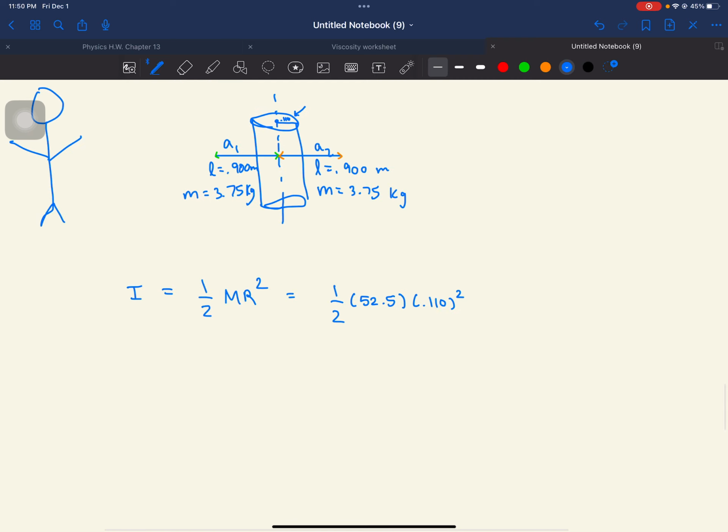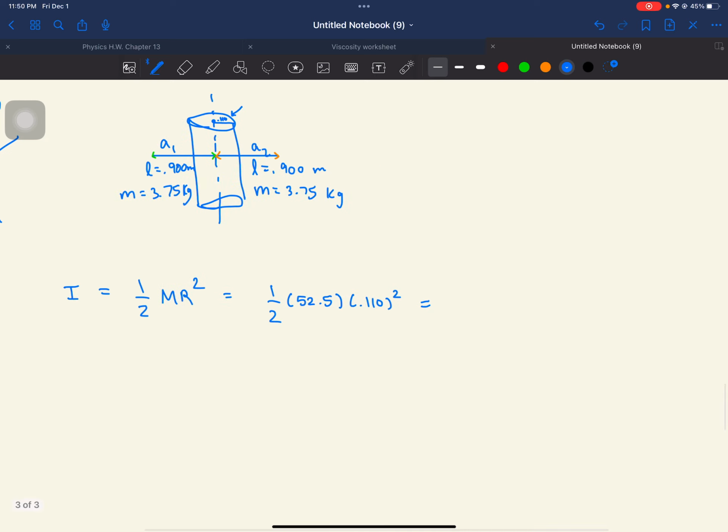So that would be our moment of inertia of the cylinder, which is 0.317.